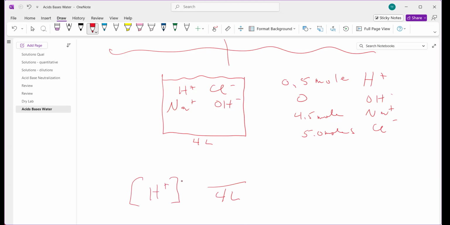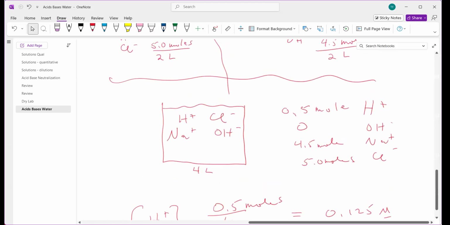So how many moles do we have again? 0.5. So 0.125 moles per liter is the new concentration.